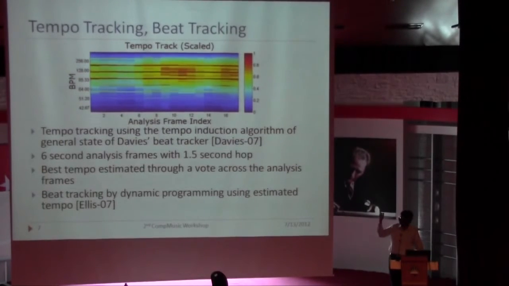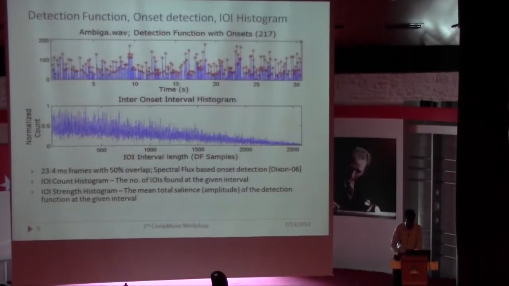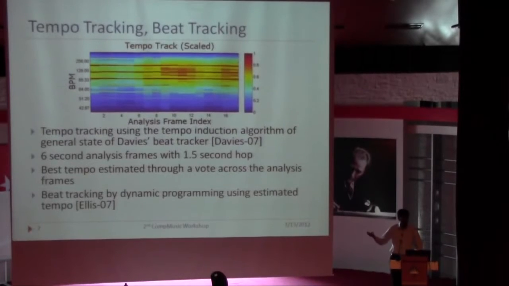So this is a tempo track, which is got from the onset detection function we saw here, and we use an autocorrelation based method to get the tempo, and it's weighted, so we can see tempo lines here. Since there are multiple tempos which can be perceived in a song, it shows it at different levels, and based on the weighting function we use, we choose a particular tempo, which is the maximum here.